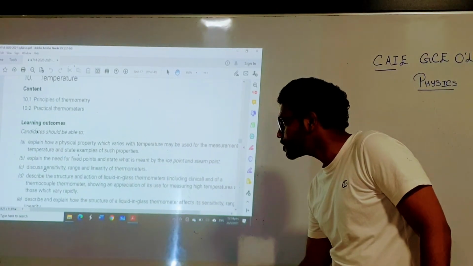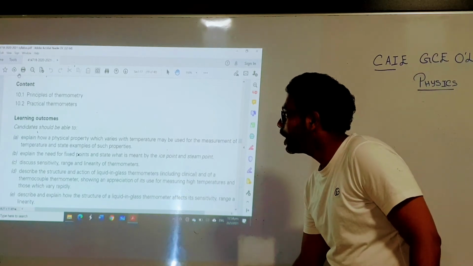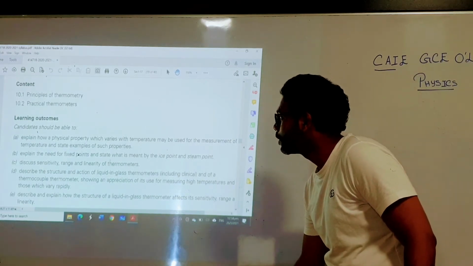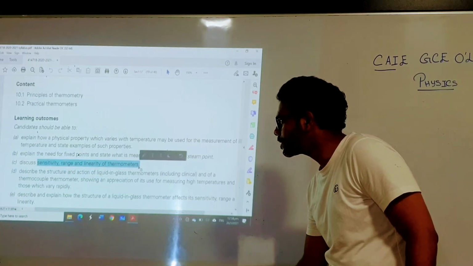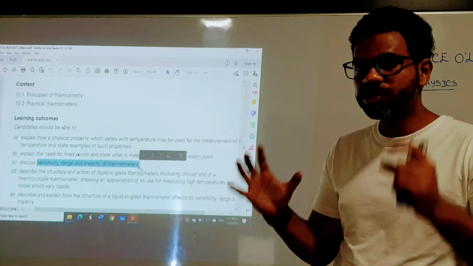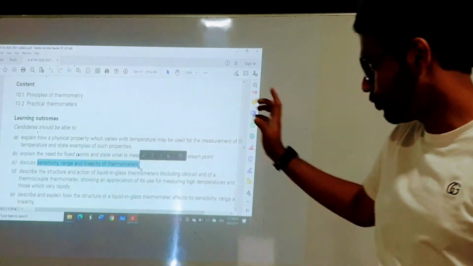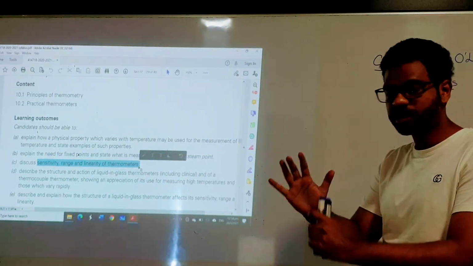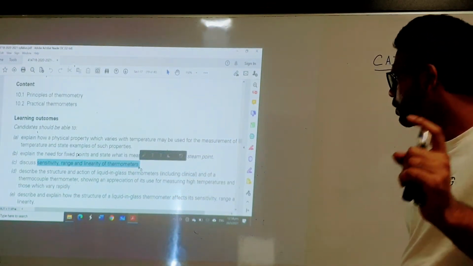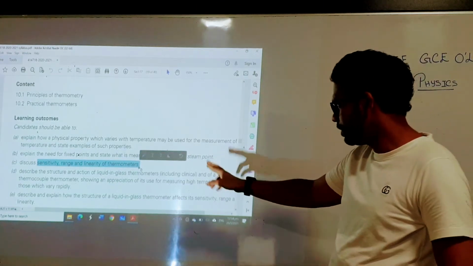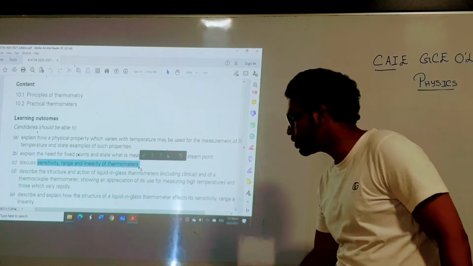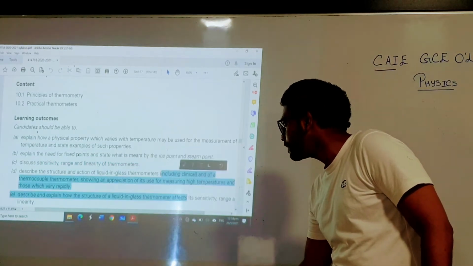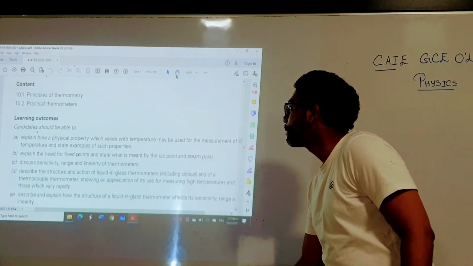Sensitivity, range, and let me just highlight it for you, sensitivity, range and linearity of thermometers. You have to not only learn the definition, but understand the concept of these words, okay? Sensitivity, range, linearity of thermometers. And there is another word called responsiveness, which is not given here, you will find it in your book. That also is very important, understanding those concepts, okay? So this goes for thermometer.